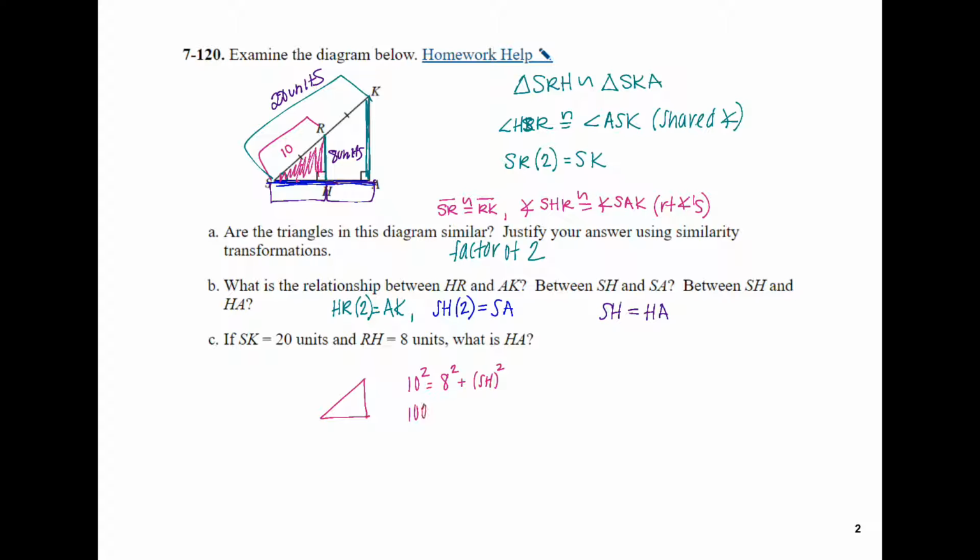So if we take 100 and we subtract 64 from that because it's the inverse operation, we get 36 equals SH squared. The inverse of squaring something is square rooting it. So we get SH would equal 6 units. And we know from up here that SH is equal to HA. So segment HA would be 6 units.